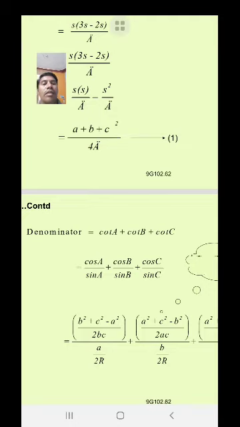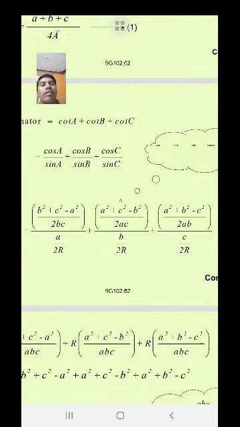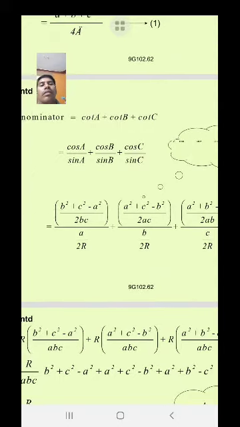And now take the denominator of the LHS. Denominator is cot A + cot B + cot C. Here cot A can be written as cos A by sin A, cot B as cos B by sin B, and cot C as cos C by sin C. From the cosine rule, cos A can be written as (b² + c² − a²)/2bc, and sin A is written as a/2r.